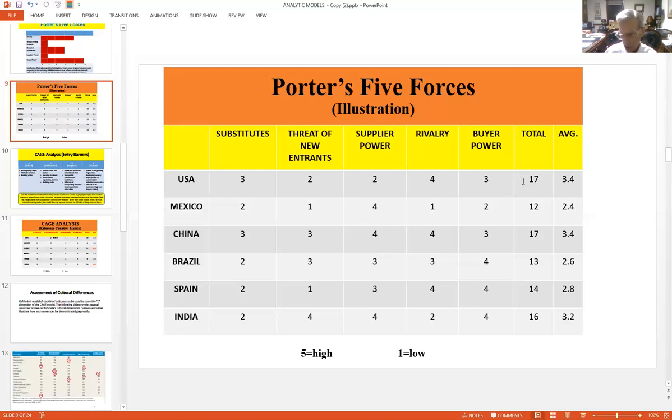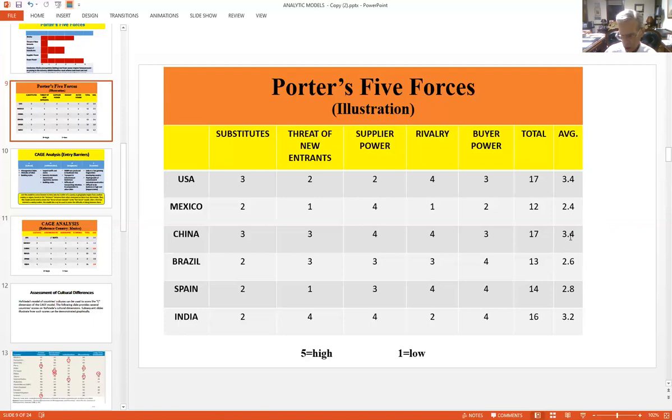So we can total up all these scores, which are on a 1 to 5 basis, and then divide them by 5 and get their score on that same scale, 1 to 5. And you can draw a couple conclusions. First of all, it's a pretty tightly knit bunch of scores.